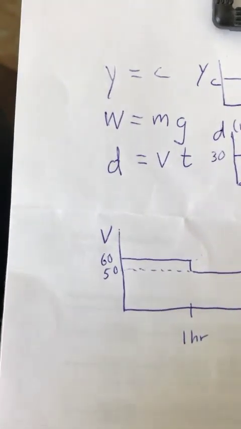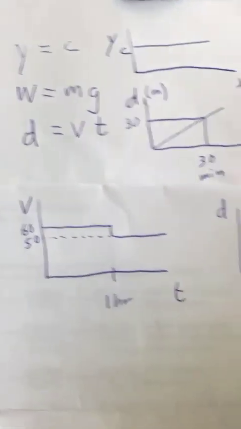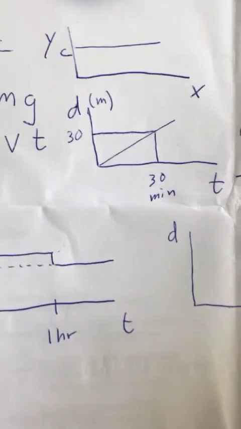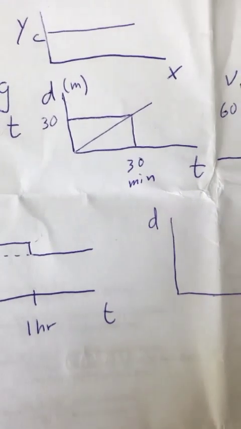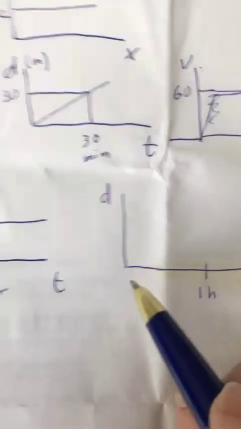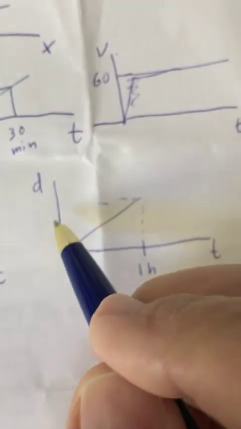And now let's draw the D. So the D, the distance traveled versus time. Well, we know at 1 hour he's going to change speed, and he's going to have traveled how long? Well, he was going 60 miles an hour for an hour, so he's going to have traveled 60 miles within an hour.